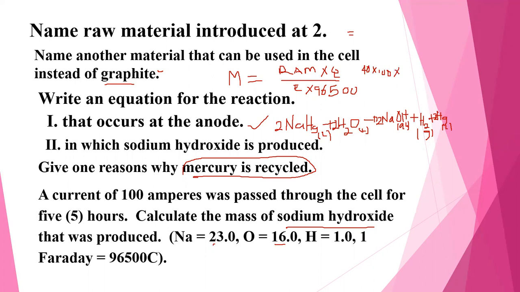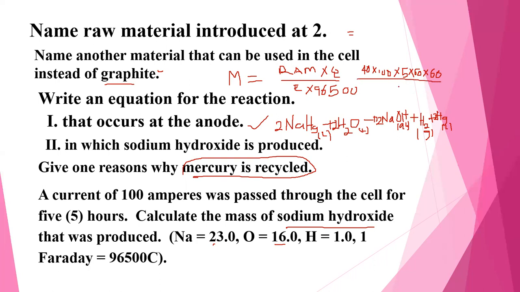So 5 hours we convert to seconds by multiplying by 60 times 60, like that.